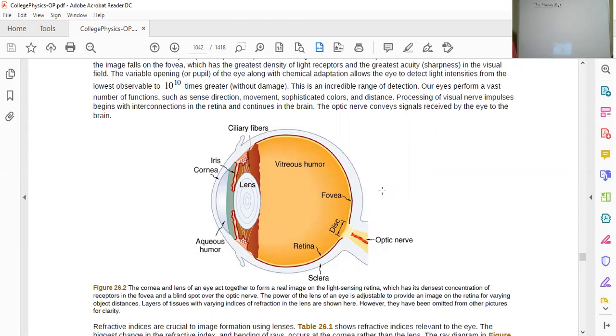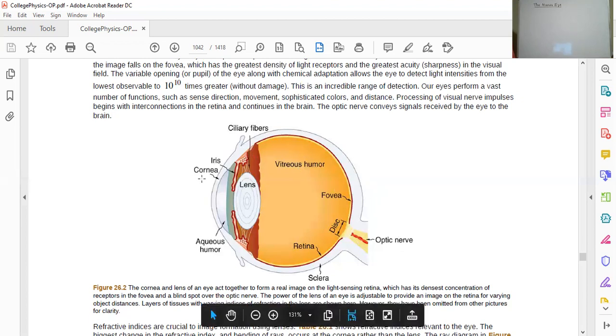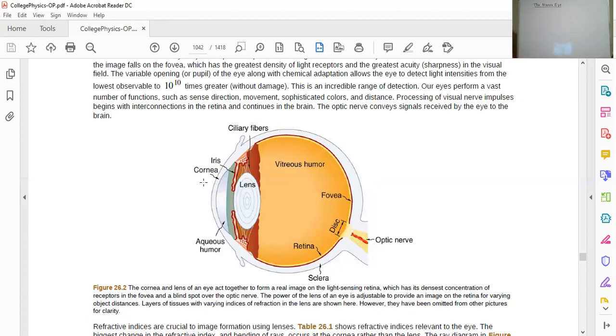It turns out that the eye actually acts very much like a thin lens. You might say, well, the eye doesn't look anything like a thin lens. Well, the reason is that about 2/3 of all the refraction of light is at the cornea, and about the other 1/3 is at the lens.